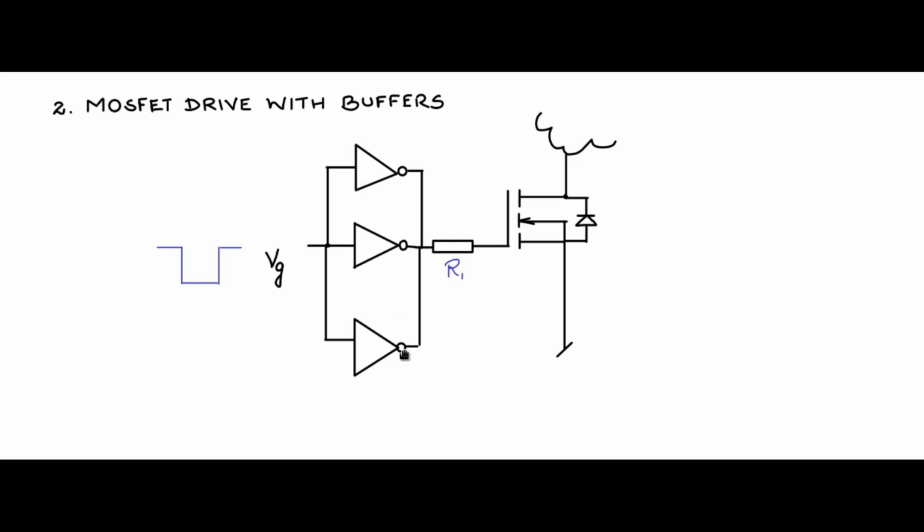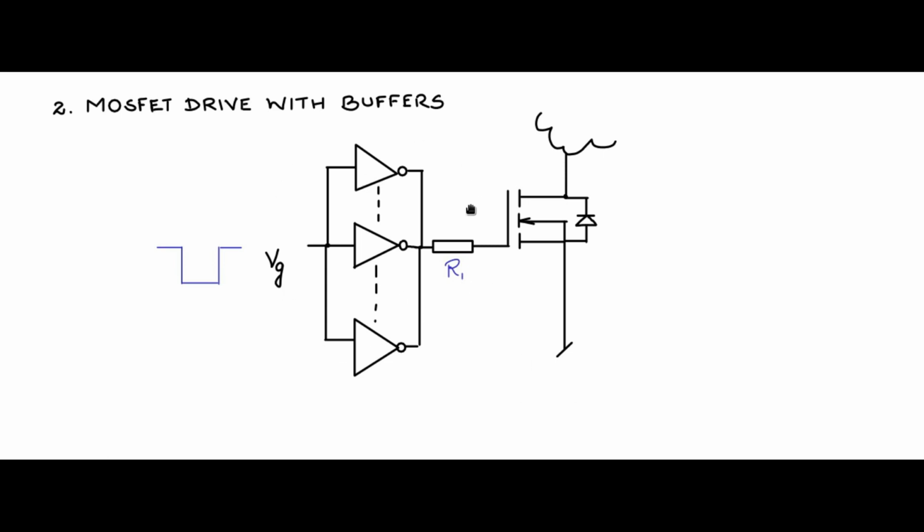In fact, I can put many more buffers in parallel. Normally the CD 4040, 4050 and 4049 series come as hex buffers. So there will be 6 buffers in a pack, and you can connect all 6 of them in parallel, and then you can effectively get close to 10 milliamp sourcing, and around 30 milliamp sinking capability.